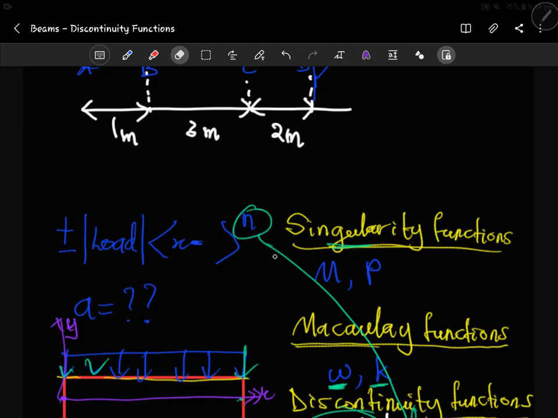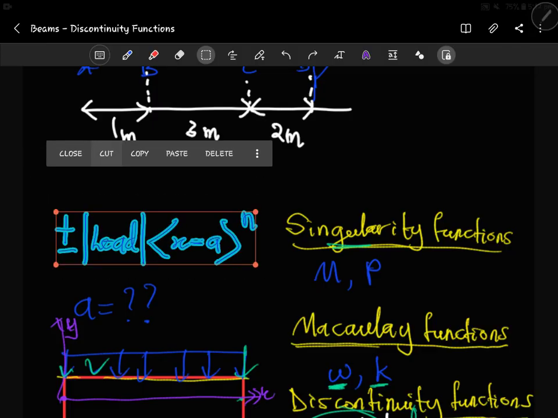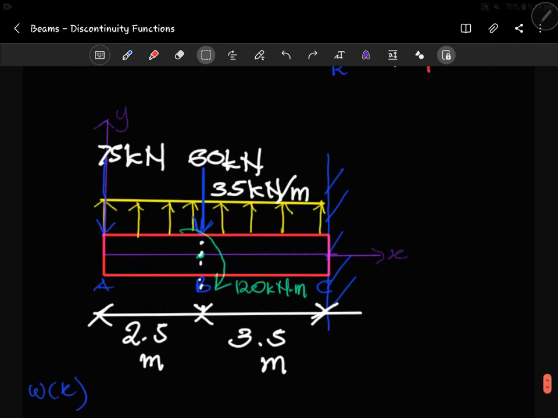Then again, the n's are constant. This particular n is constant, and we have a value for it for each and every load that can appear. So we're going to use this example to see if we are on the right path.